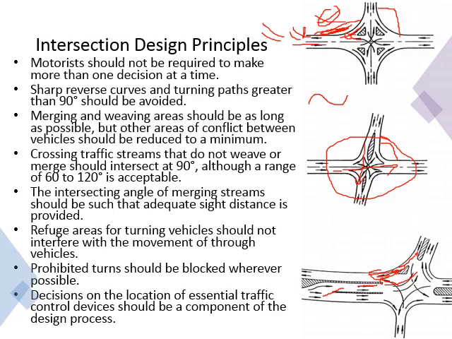I should be able to see this driver when I'm maybe leaving from here. And similarly for the driver who is making the right turn from here, I should not suddenly find somebody coming from this direction. Maybe I should be able to see the driver making a left turn, this one, when I am at this point. So you should give enough side distance to drivers who will eventually merge with each other.